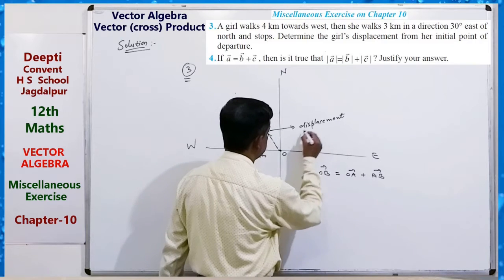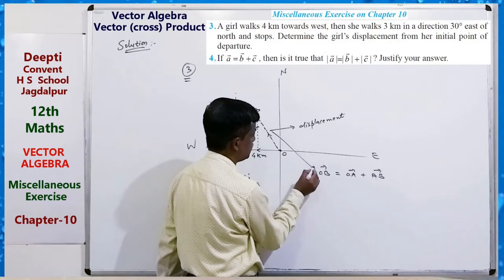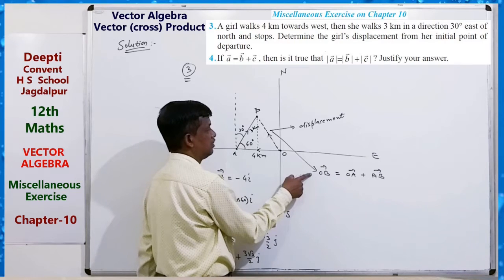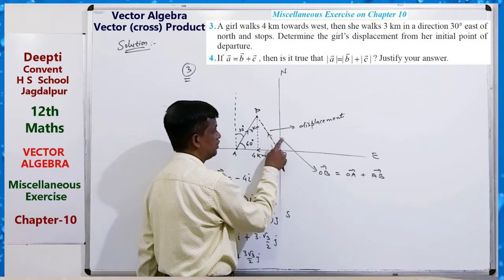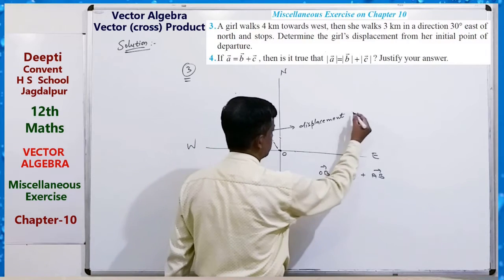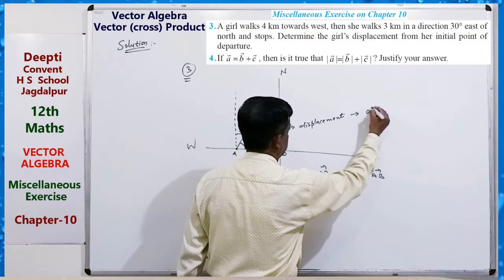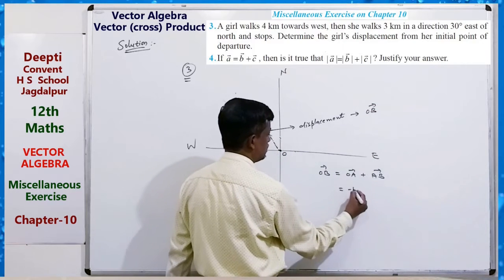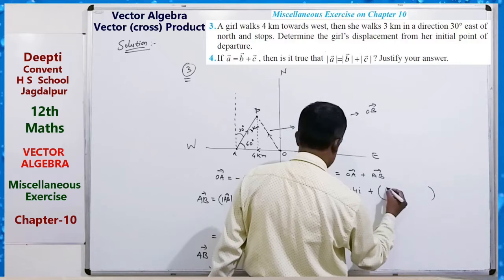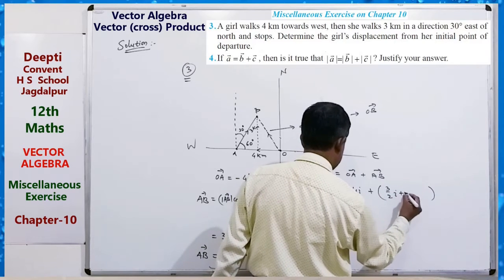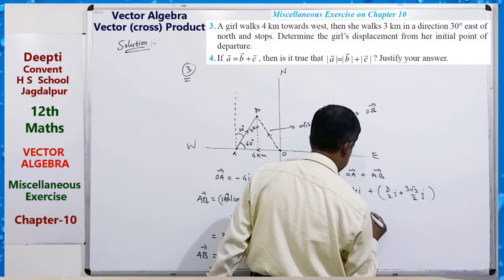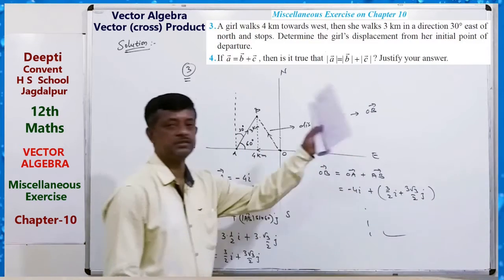So this is displacement OB. OB equals minus 4i, this, plus 3 by 2 i plus 3 root 3 by 2 j. Just calculate it. Okay, this is the displacement.